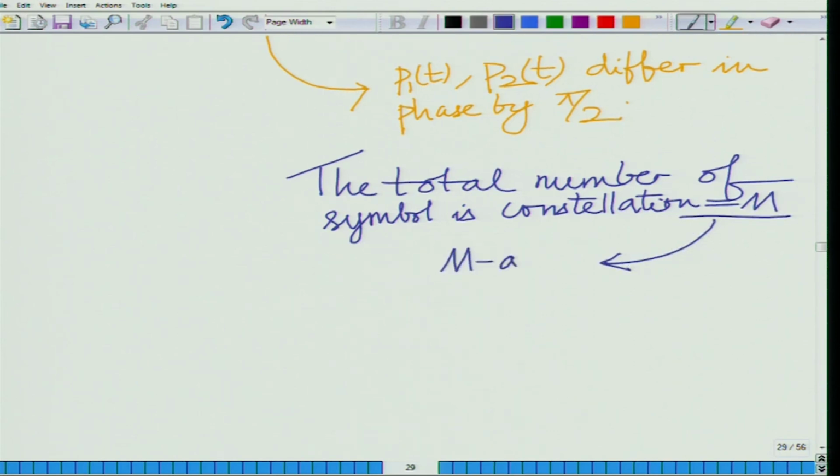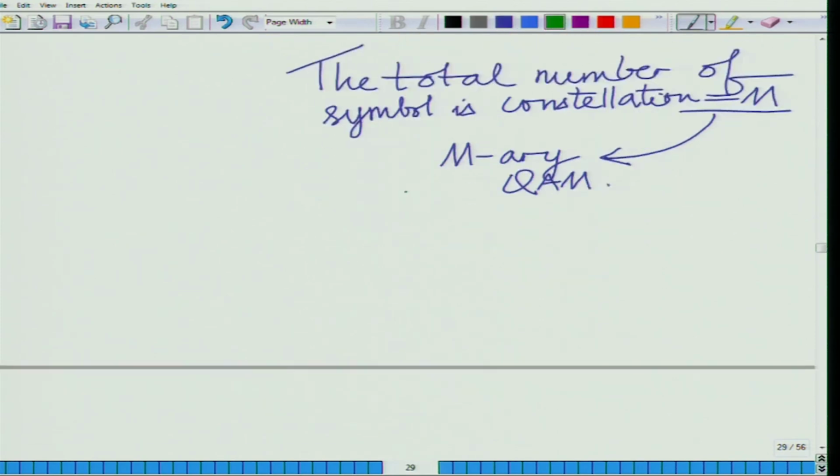M-ary QAM means the total number of symbols in the QAM constellation is M.